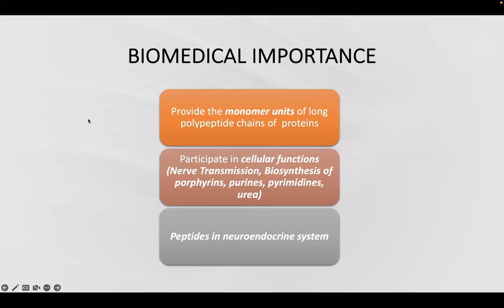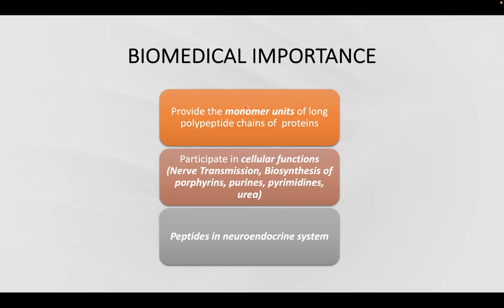We're going to start with the biomedical importance of amino acids. Amino acids are very important because they are the building blocks of proteins. They provide monomer units which comprise the polypeptide chains of proteins.